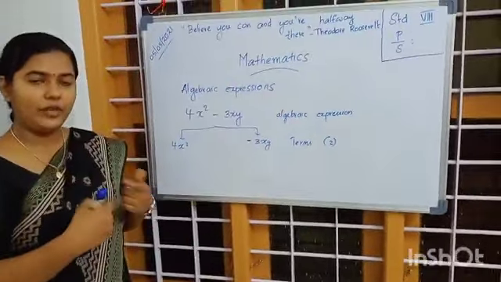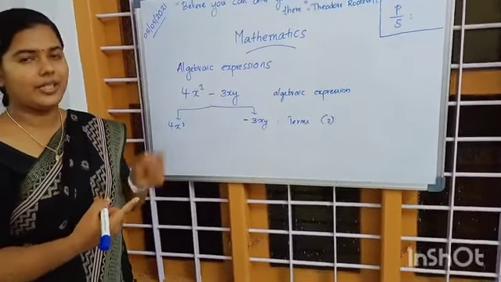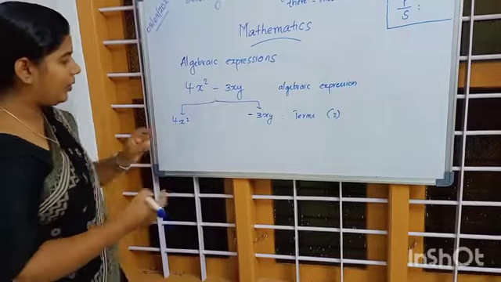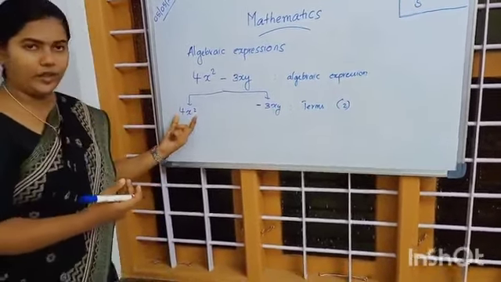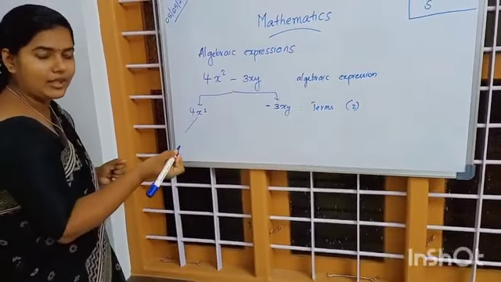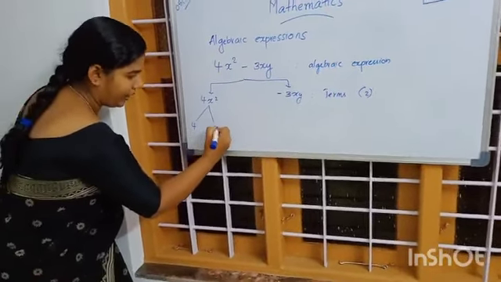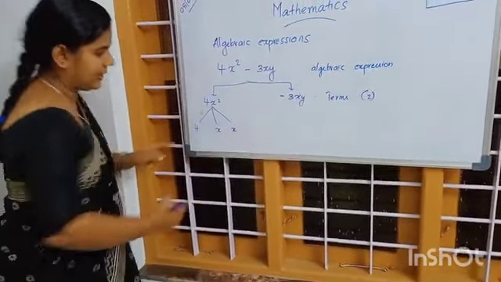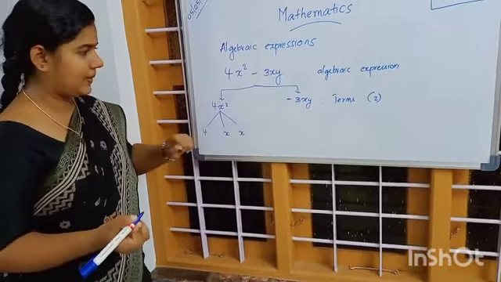And then what is the next term that you have learned? Yes, factors, right? So by looking at these terms, can you tell me which are the factors for this one? How many factors are there? 3, and they are 4, x and again x. Because it's x square, so we split it as x and x.